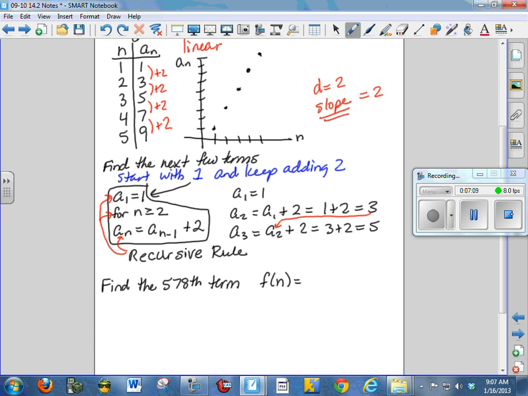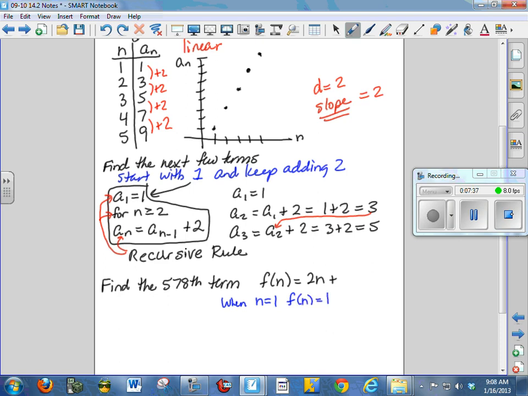So we can say f of n is 2n plus, well, I want to make sure that when n is 1, I get 1, because that's my first term in this sequence. So when n is 1, I want to get 1. So if I plug in, I know that when n equals 1, f sub n has to equal 1.